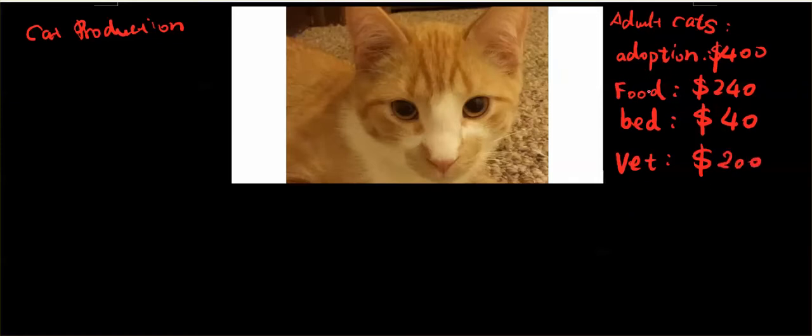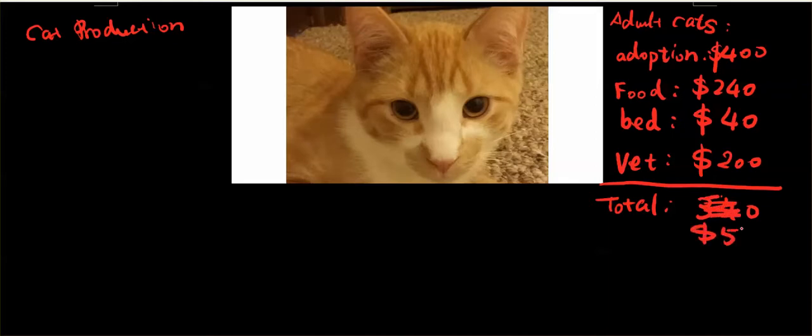So let's say the adoption, food, bed, vet. All of these support the two adult cats. Actually, the adult cats are our asset. If you add all of this money together, you will have $520. Sorry, you will total spend $520 on taking care of the adult cats.